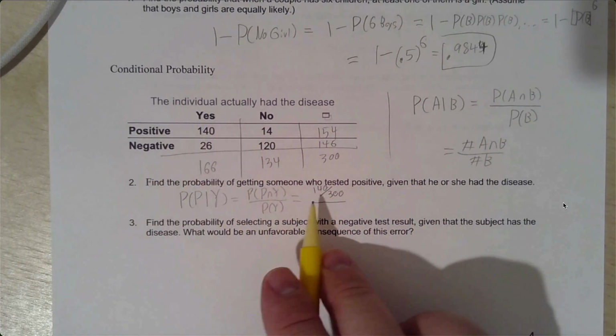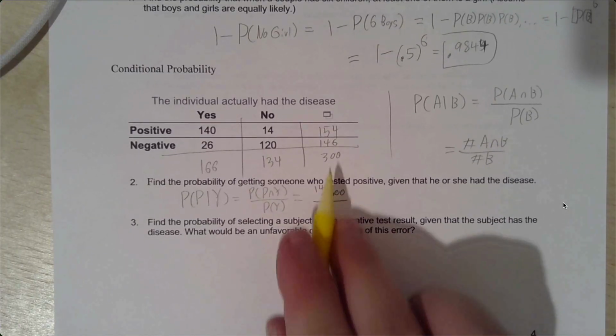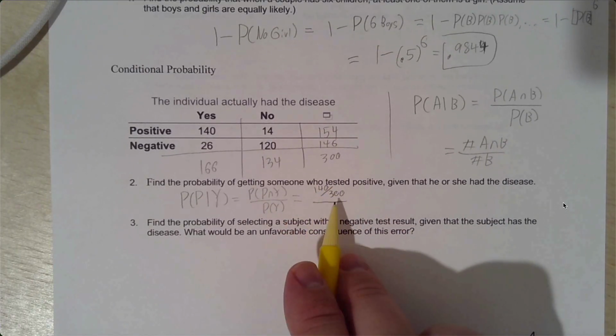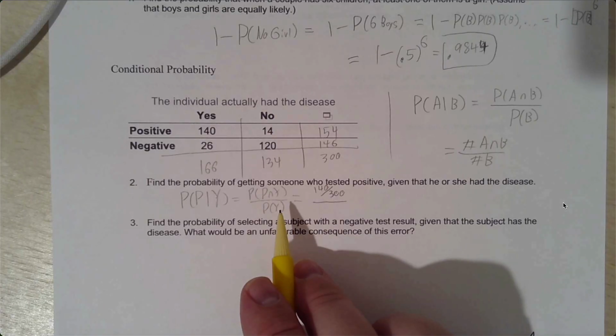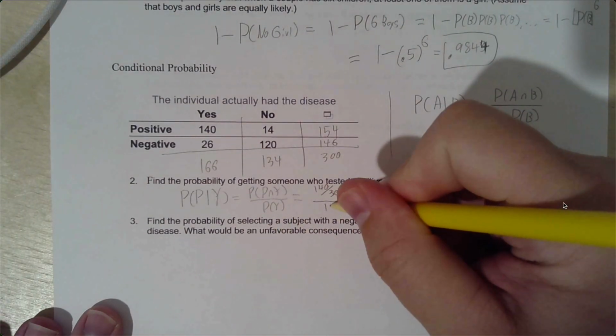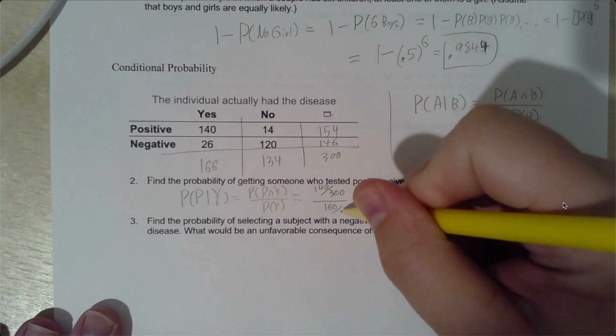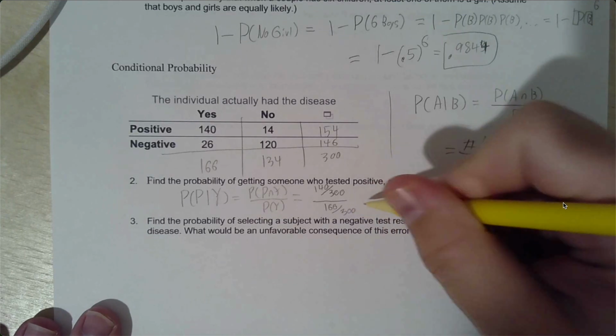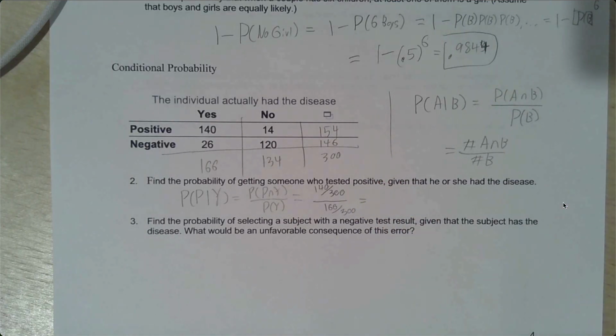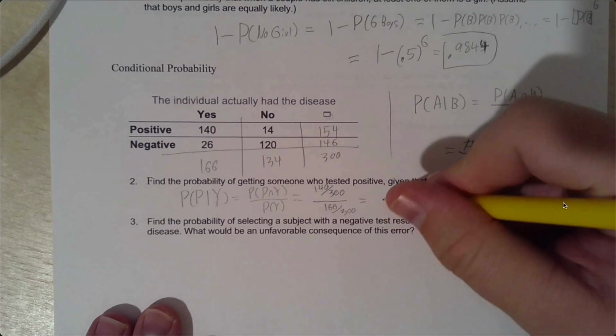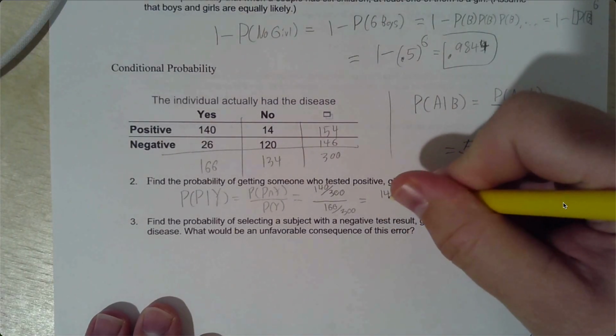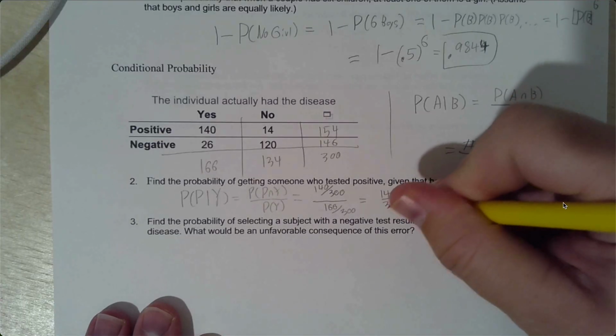Positive and yes, there's 140 out of 300 total, all outcomes. On the bottom, what's the probability of yes? The probability of yes is 166 out of 300. Now, before I work this out, let's be a little bit mathematical, and remember that if you're dividing fractions, here's another way of writing this.